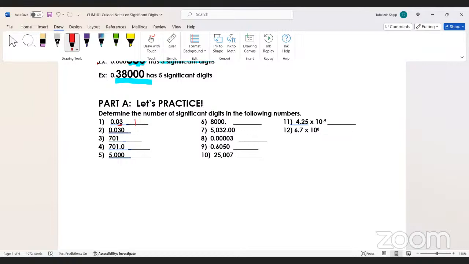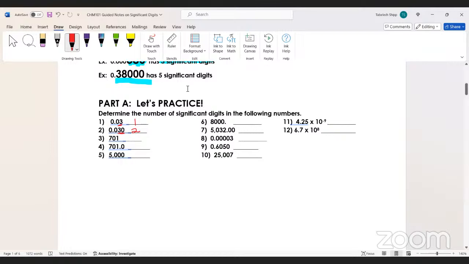Okay? Look at number 2, 0.030. In this example here, you have 2 significant digits. Why? Because that first significant digit there, that 3, counts, and then the 0 after it counts, also because there's a decimal there.